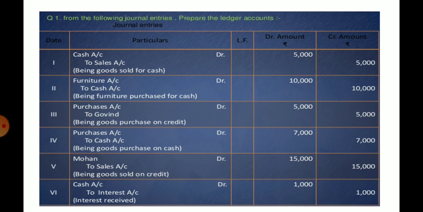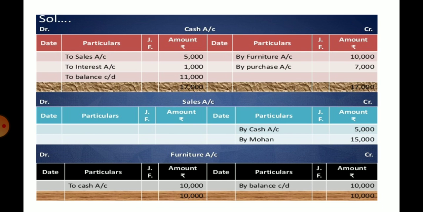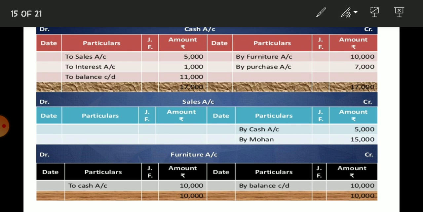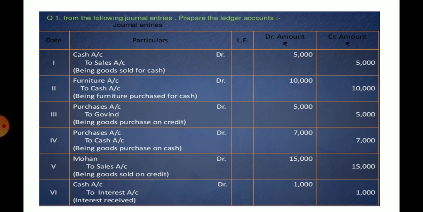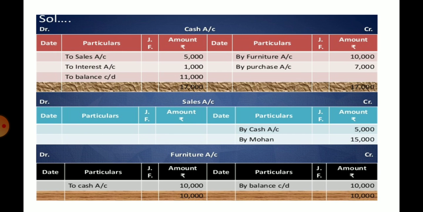Illustration. This is a journal entry of a company, and you have to post it into the ledger accounts. First is the cash account. The first transaction, cash account to sales, contains cash, so cash is debit, and its related account should be posted on the debit side of the ledger.